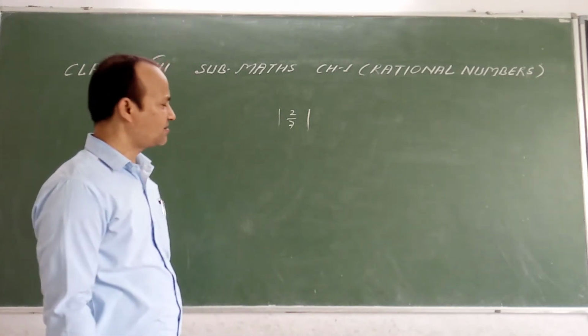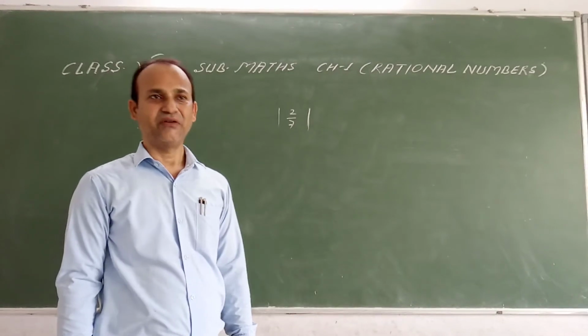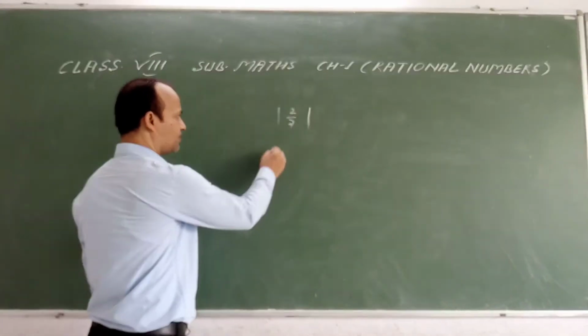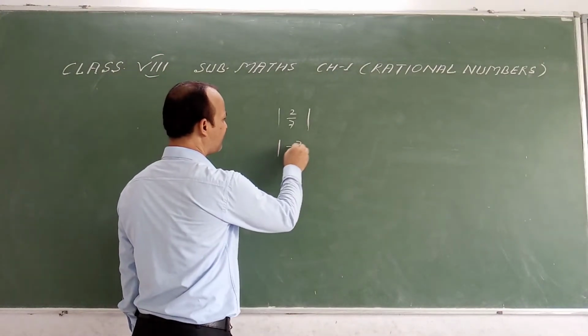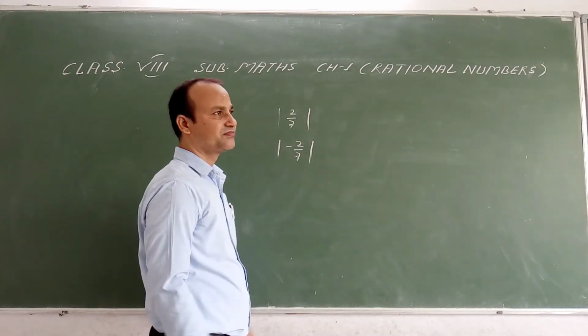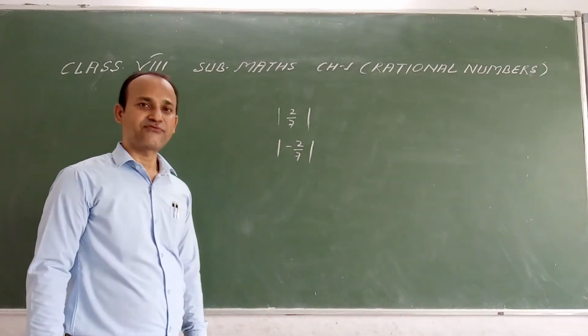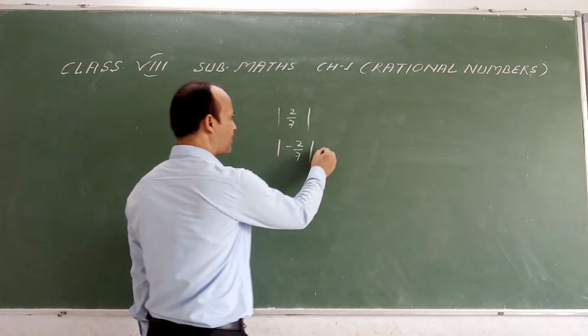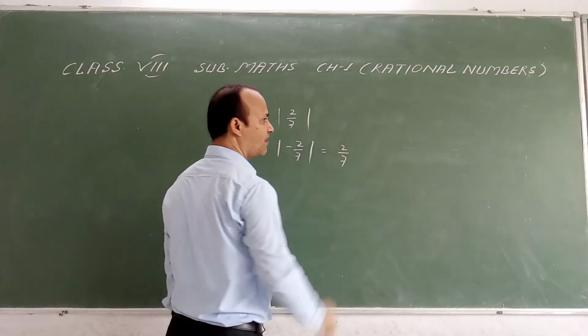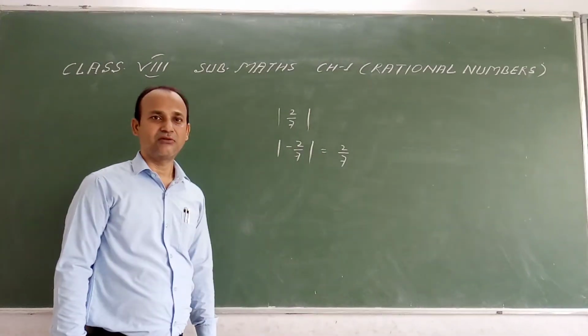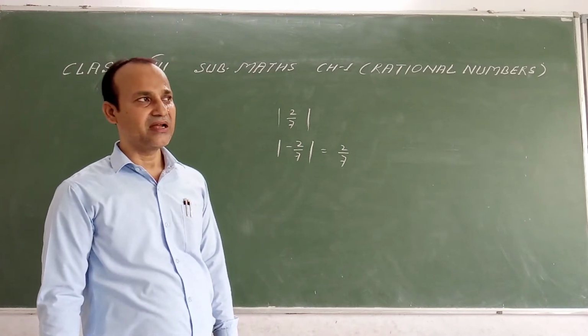I said that it is free from sign, which means if the number is written in the negative form, minus 2 upon 7, its absolute value will be plus 2 upon 7, because absolute value is always free from the negative sign.